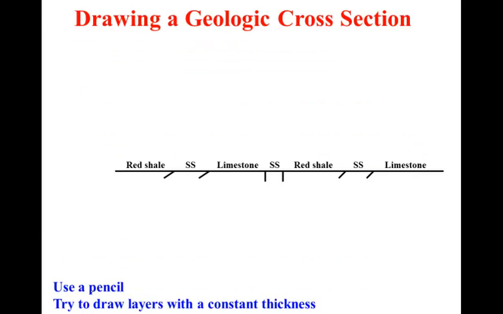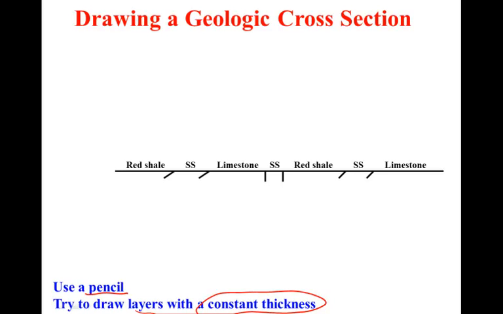In drawing our geologic cross-section, we want to use a pencil because we're not going to get it right on the first try. And as we're drawing our rock layers, we want to try to draw them with a constant thickness. When sediment is deposited to form rock, that sediment is being laid down on some surface like the seafloor or lake bed, and it's laid down in layers that are more or less constant in thickness across broad areas.